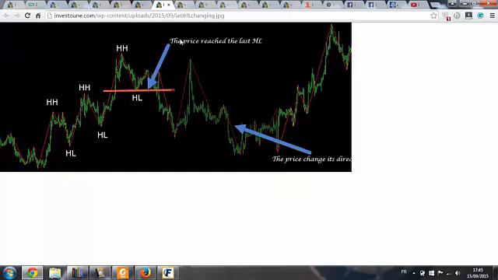When the price reaches the last higher lower in an uptrend, there is a huge probability that the price will reverse its direction to a downtrend until it touches the first higher lower. So as you look here, you define the higher swing highs and lows, and the last higher lower is broken by the market, and the price goes down and makes a huge correction, but it continues its direction to a downtrend and touches the last higher lower here.